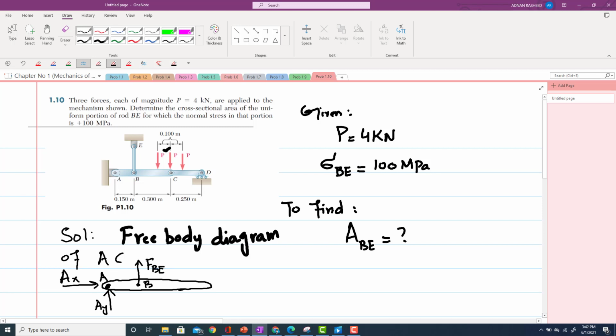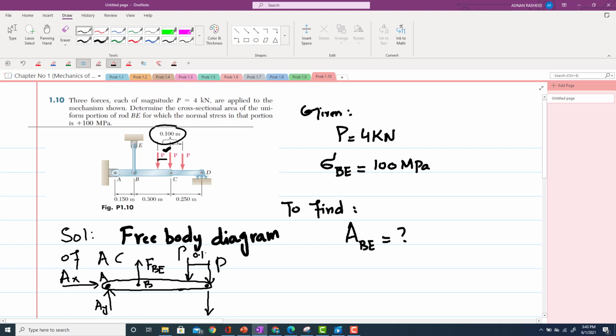Similarly, this is a point C, and you can see that there is a force P acting on it. And if you remove this joint or pin from this point C, there will be a reaction force of C as well. Clear? And again there is another P, which is also acting, and distance between these two P is given as 0.1 meter.